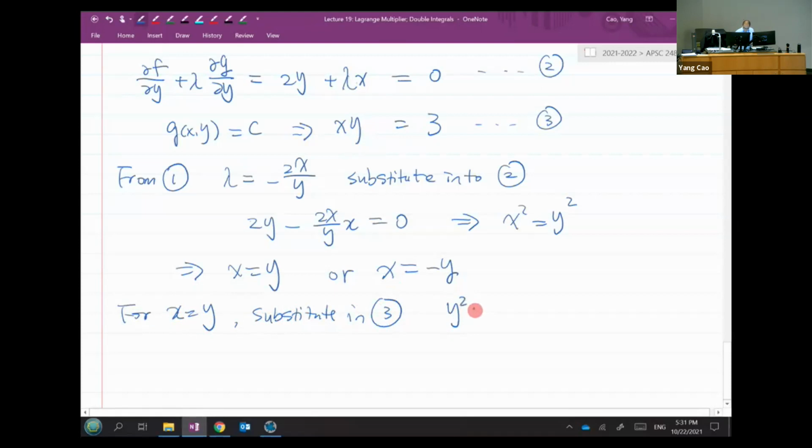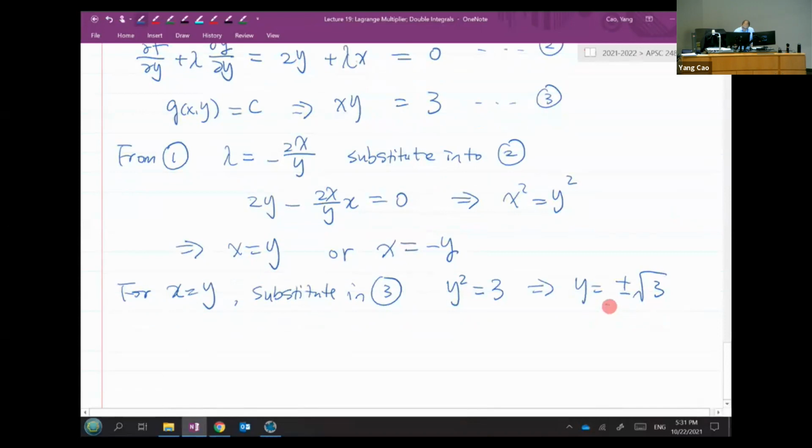So obviously you get y squared equal to 3. So then you have y equal to positive and negative root 3. So y has two solutions, then x must have two solutions too. When y is root 3, because x equal to y, x must be root 3.